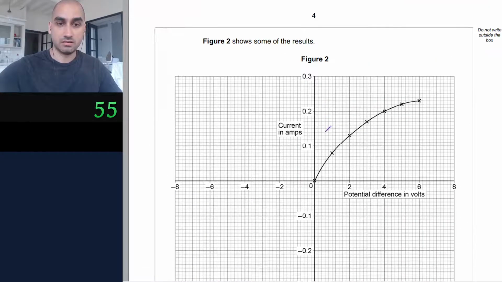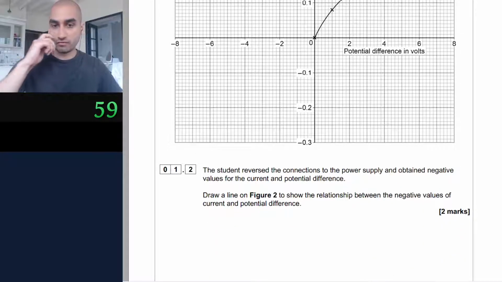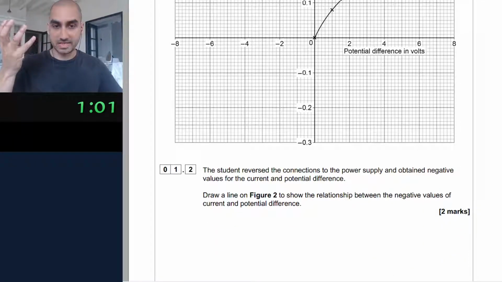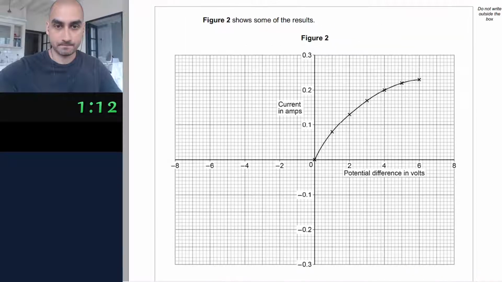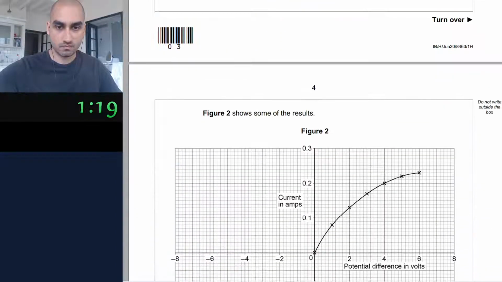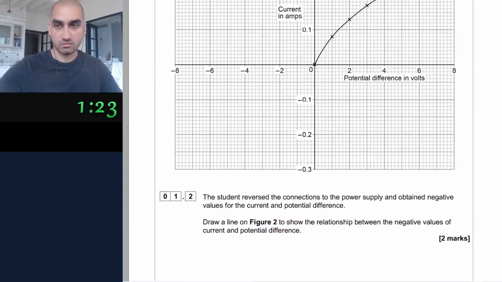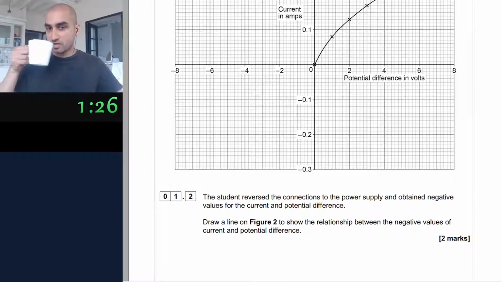Yeah, okay. Figure 2 shows some of the results. Student reverse the connections to the power supply and obtain negative values for the current and potential difference. Draw a line on figure 2 to show the relationship between the negative values of current and potential difference. Would it just be negative?